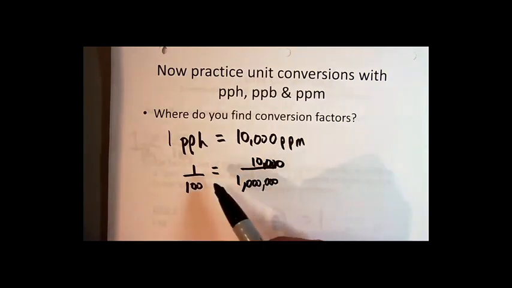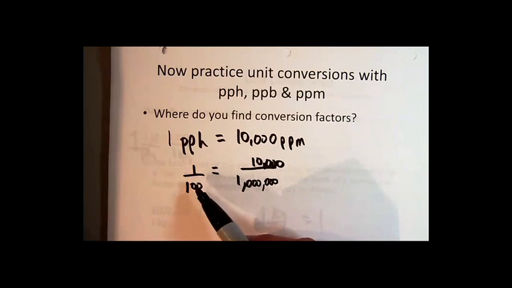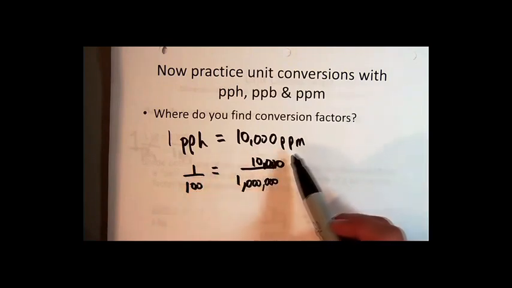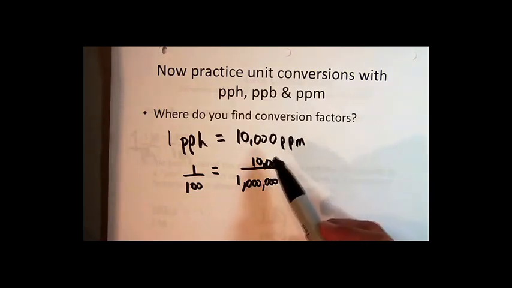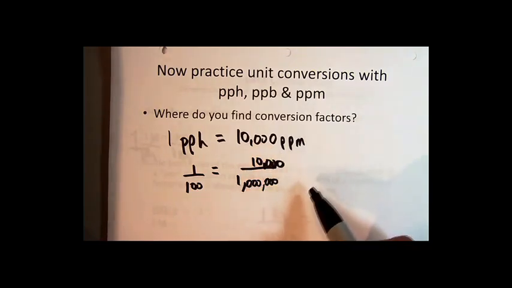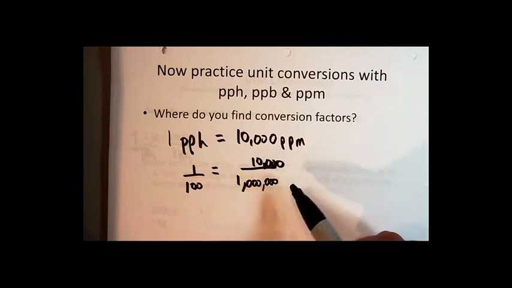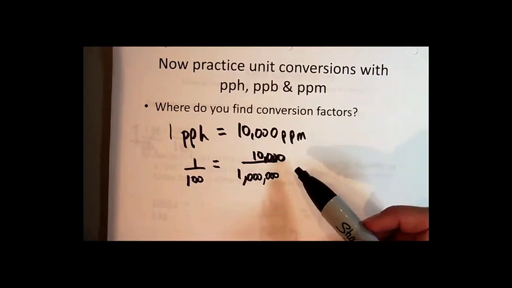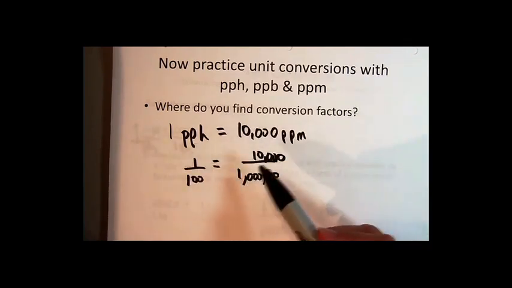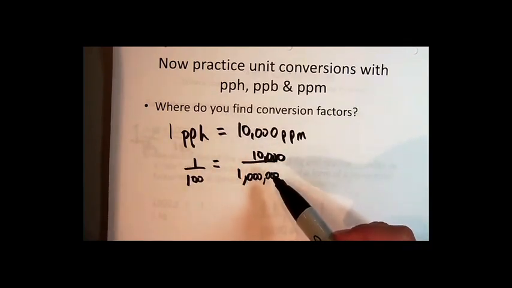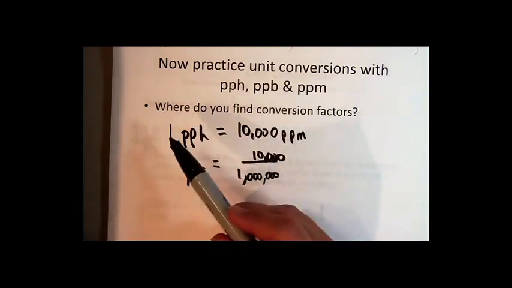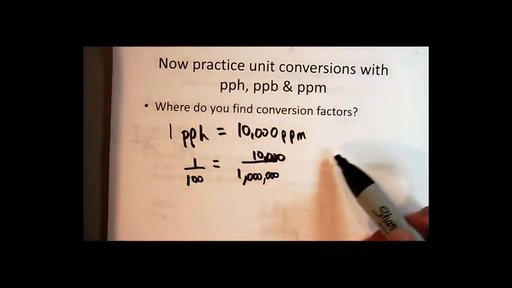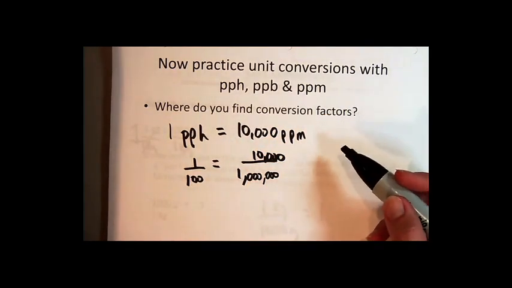Because 1 over 100 is like 1 over 10 to the 2. This is 10 to the 4 over 10 to the 6, and that's the same as 1 over 10 to the 2. Okay, so it's just base 10 math, basically. So 1 part per 100 is the same as 10,000 parts per million, so that's where we come up with this equality. Okay, and once you have that equality, you can write unit factors from that equality.